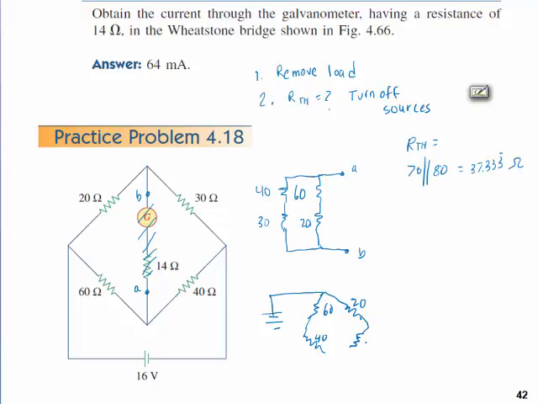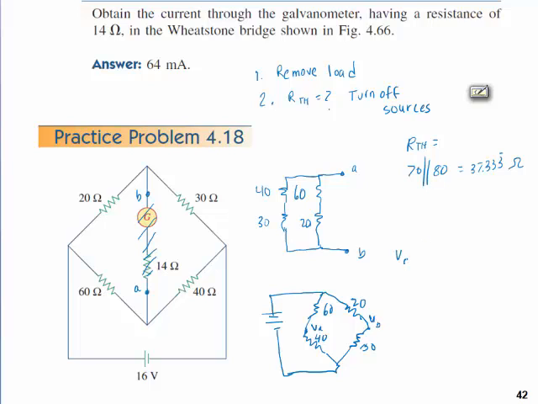Do what works for you, of course. 20 and then a 30, and then it goes back to the 16 volts over here. So I have the load not connected right now, so what is this? It's a simple voltage divider, and so I can find the voltage at A, and I can find the voltage at B.